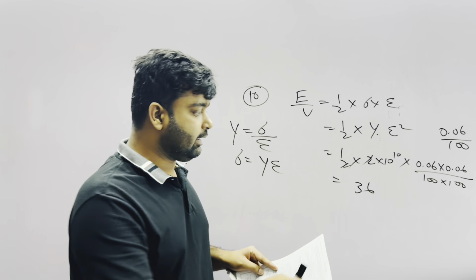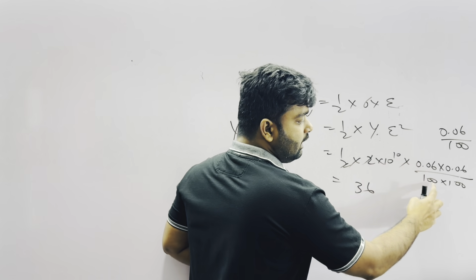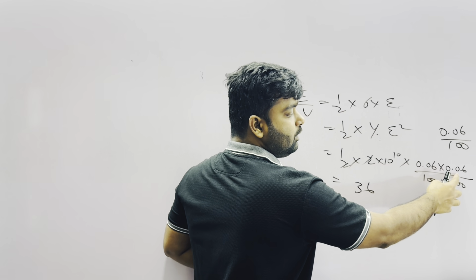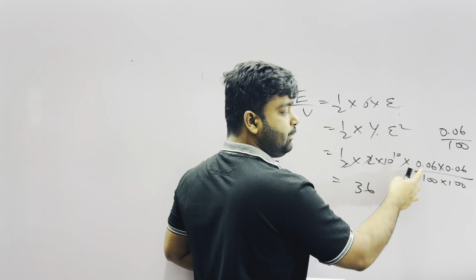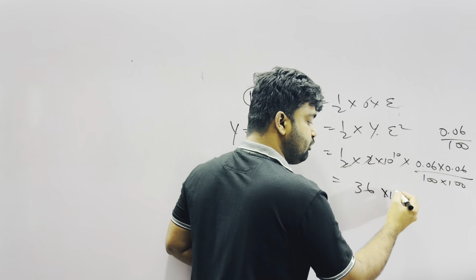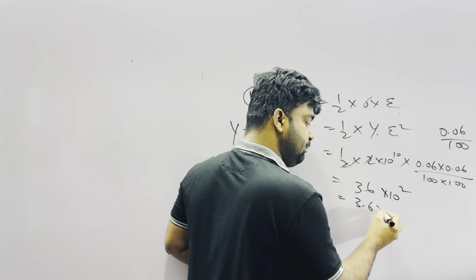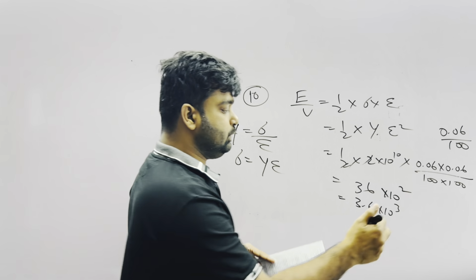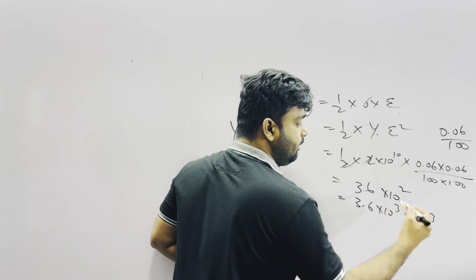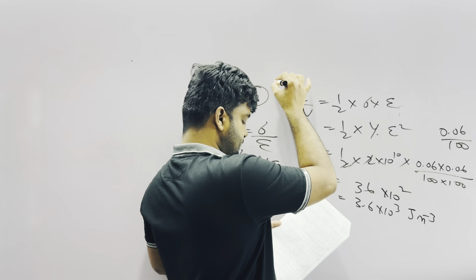First answer is correct. We can count the zeros also: 10 to the power of 10 minus 10 to the power of 8 is 10 to the power of 2. Therefore, the answer is 3.6 into 10 to the power of 3 joule per meter cubed. The answer is first.